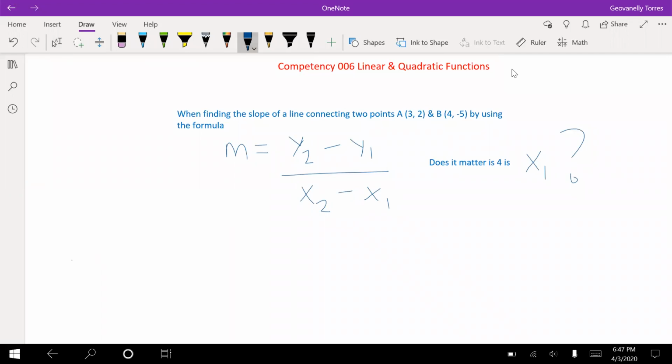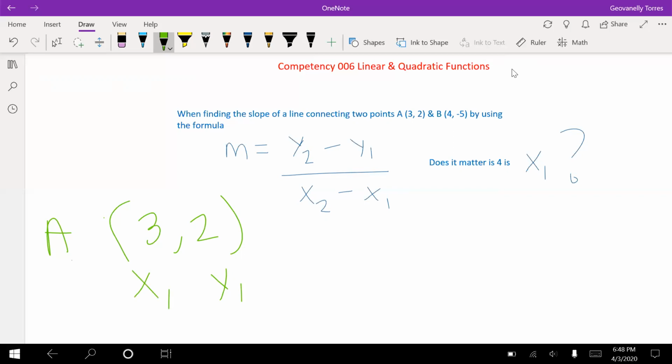set our point A as (3, 2), and we will set this 3 being x1 and this 2 being y1.